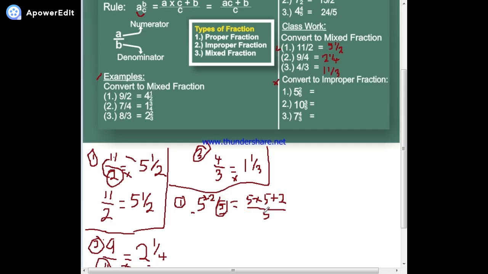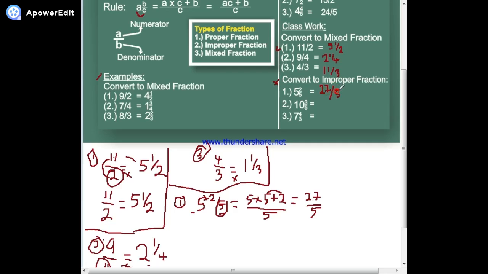So 5 times 5 will give us 25, and 25 plus 2 will give us 27 over 5. So our answer here will be 27 over 5.